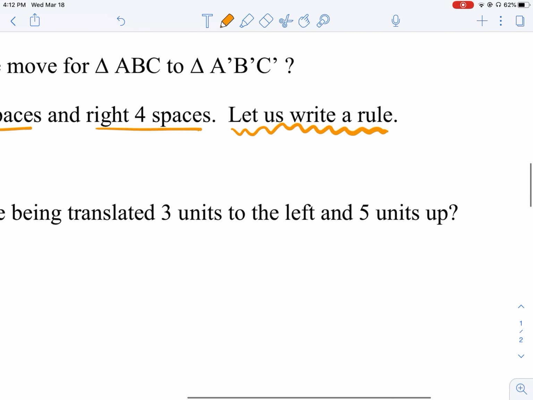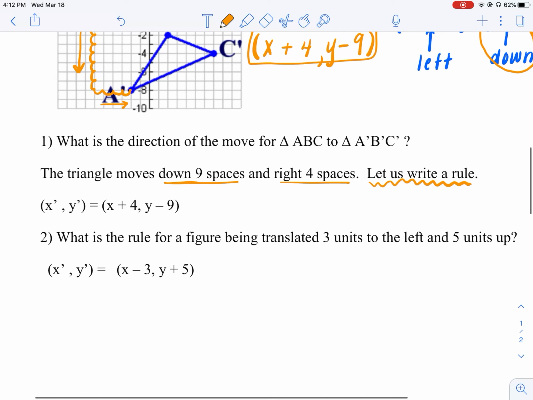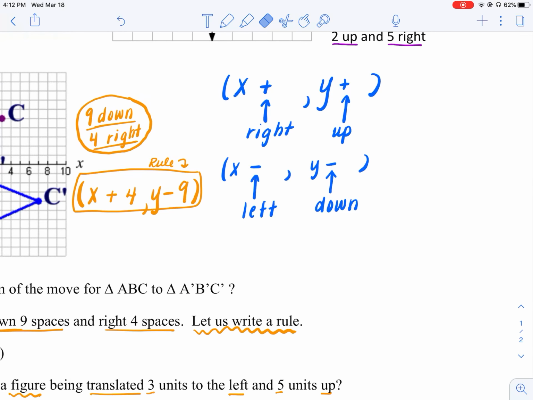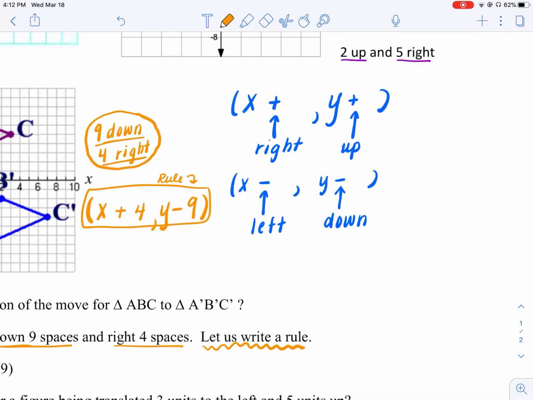So now they're going to give you a figure. They're going to say this figure has been translated, or it slid, 3 to the left and 5 up. 3 to the left and 5 up. Let's go back here for a moment. I'm going to erase. If I'm going to the left, I'm going to use x minus.